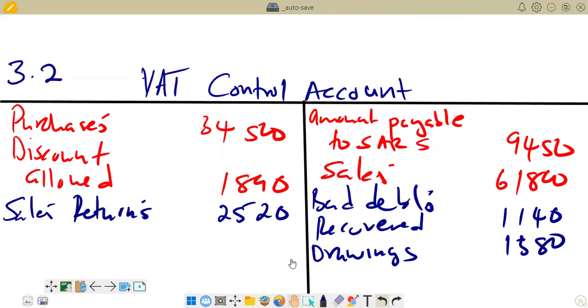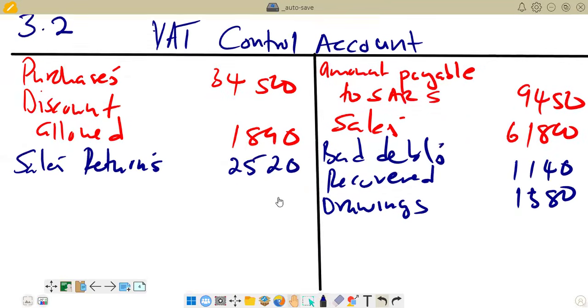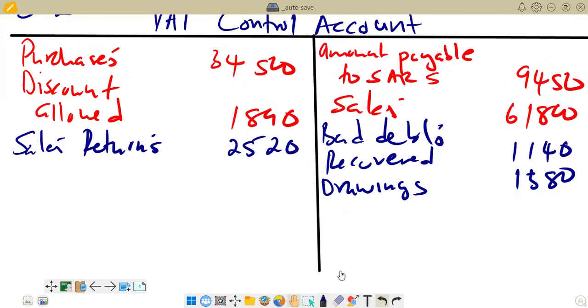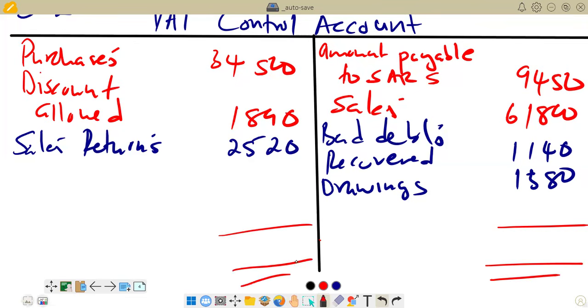After entering these figures, you are now supposed to calculate the balance. The balance is going to reflect whether it's an amount payable to or payable by SARS. So we are just balancing this account. We add the total of the credit and the total of the debit, and you'd see that the credit side is greater, with 73,770.